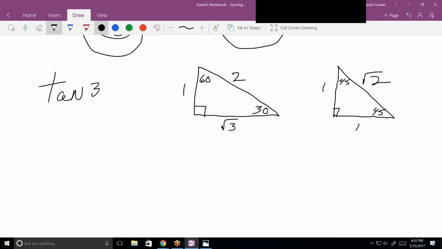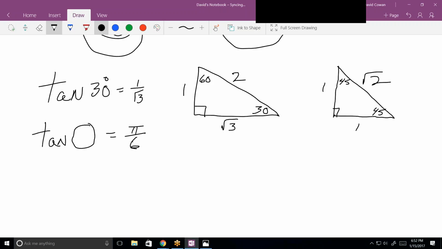Tangent of 30 degrees equals 1 over square root of 3. So therefore, the inverse tangent of something has to equal pi over 6.